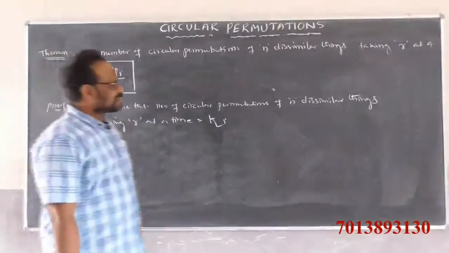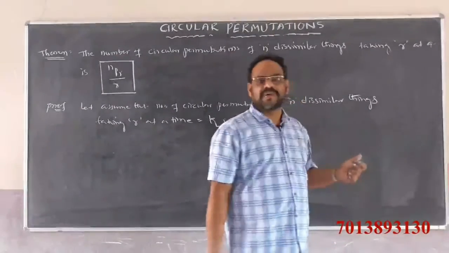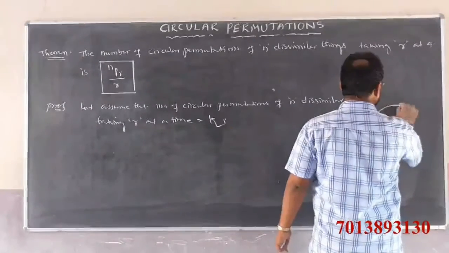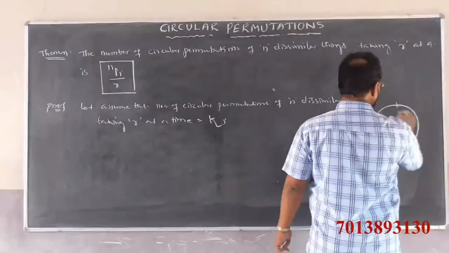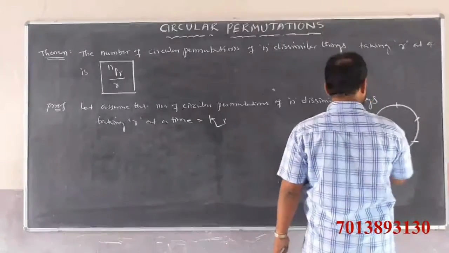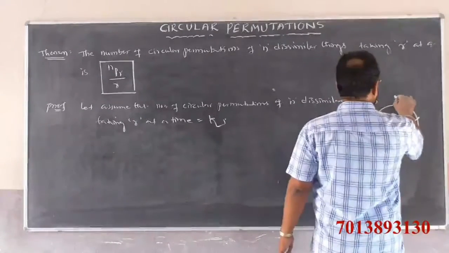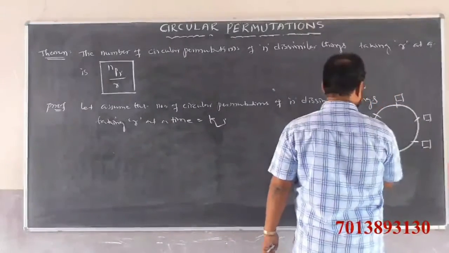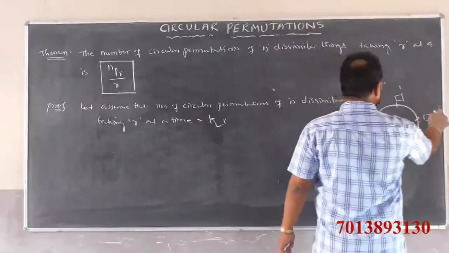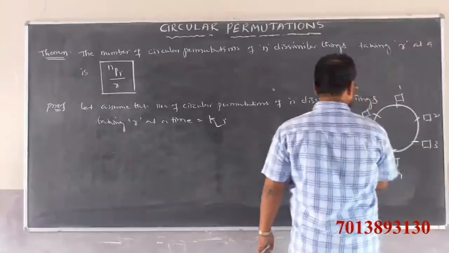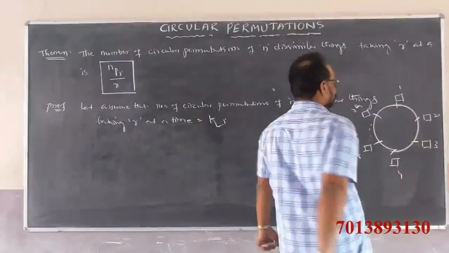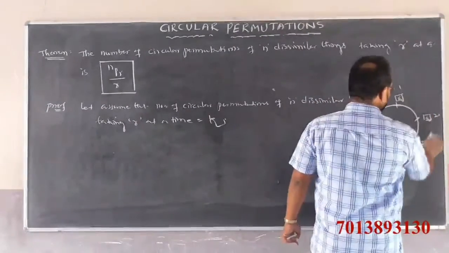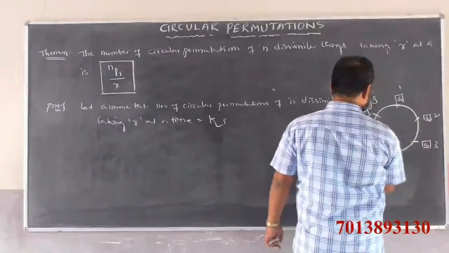Consider one circular permutation, with positions first, second, third, fourth, fifth, and so on, holding A1, A2, A3, A4, A5.